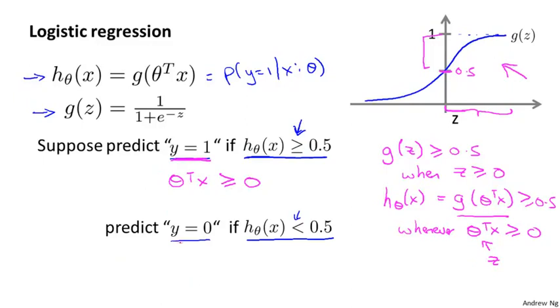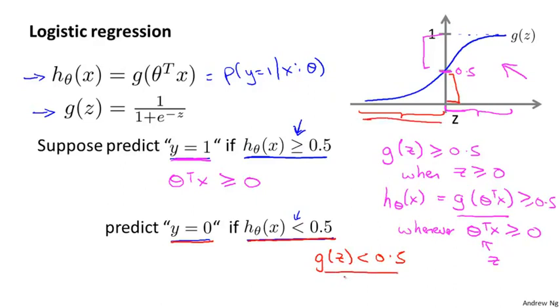Let's now consider the other case of when our hypothesis will predict y is equal to 0. Well, by a similar argument, h of x is going to be less than 0.5 whenever g of z is less than 0.5, because the range of values of z that cause g of z to take on values less than 0.5, well, that's when z is negative.